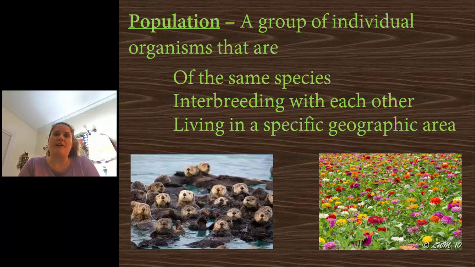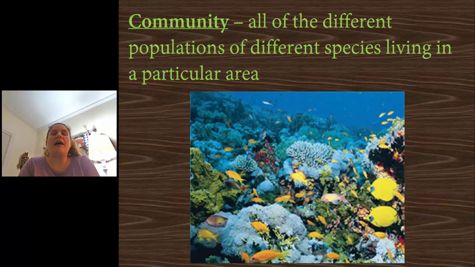We can talk about the population of sea otters just in the northern hemisphere. We could talk about the population of sea otters in Illinois, which is a pretty small population, because it would be just whatever ones are at the zoos. But at any rate, we define the size of our geographic area when we're talking about what that population is.